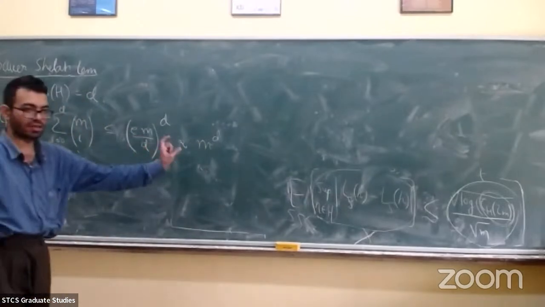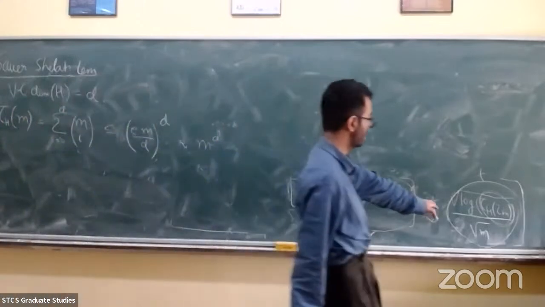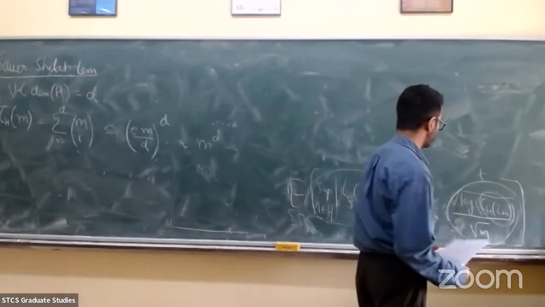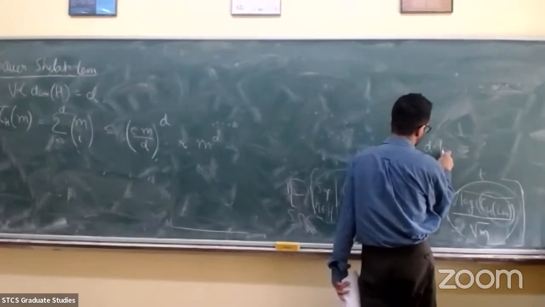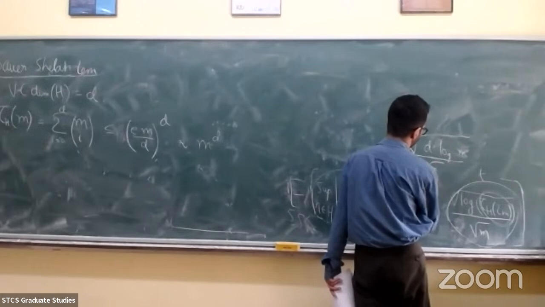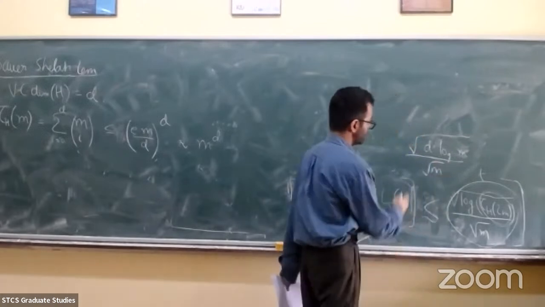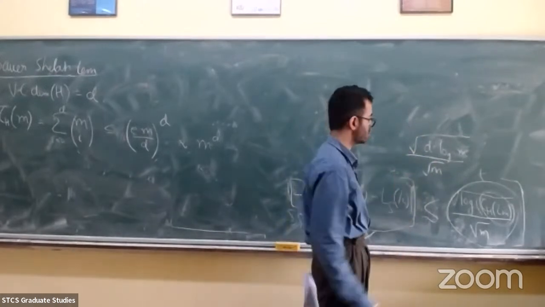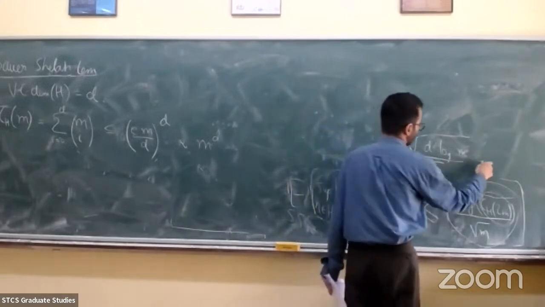And this is good news, right? Because if I put m to the d here, then this goes something like d log m over square root of m, and this decreases very fast. As m becomes large, this goes to 0.